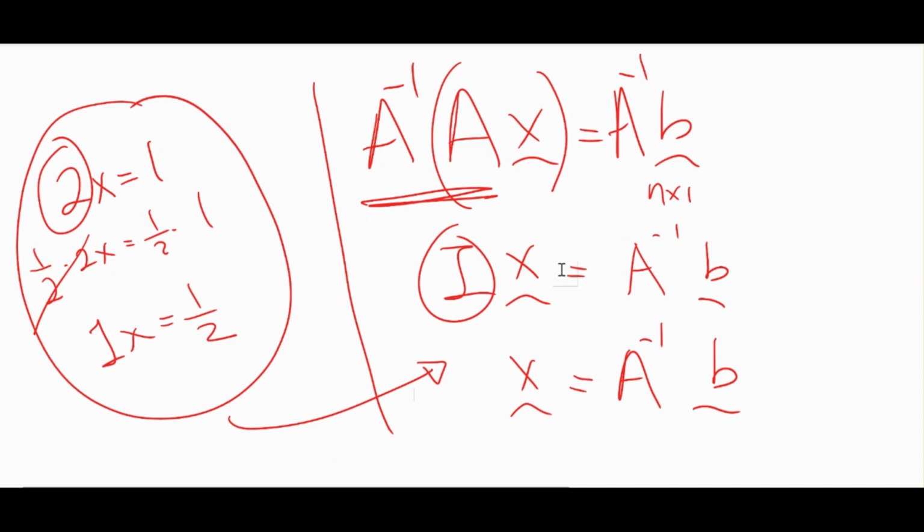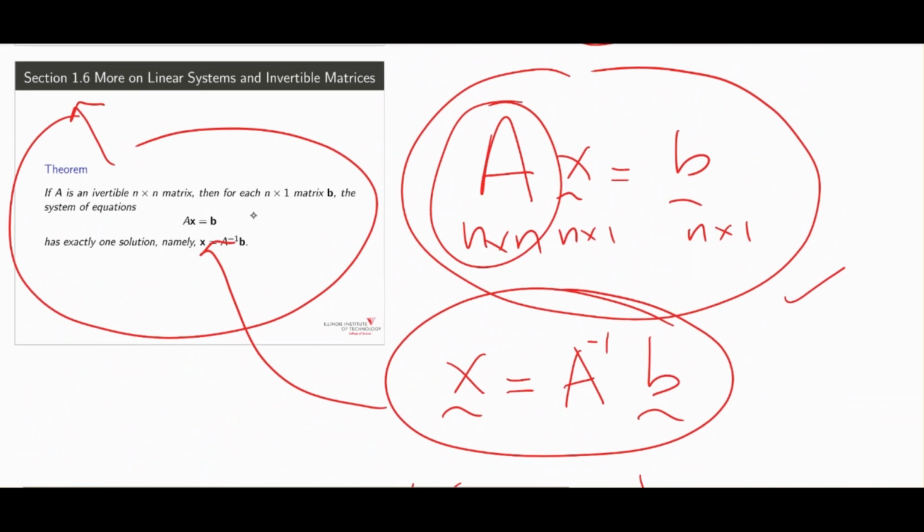And this is one of the examples to show you why we need to bother to compute A inverse. This is one of the main reasons for it. We'll see that the invertibility of a matrix will tell you a lot about some of the stuff in the future. But right now, this theorem says that we can actually use the concept of invertibility of a matrix to solve a system of linear equations.